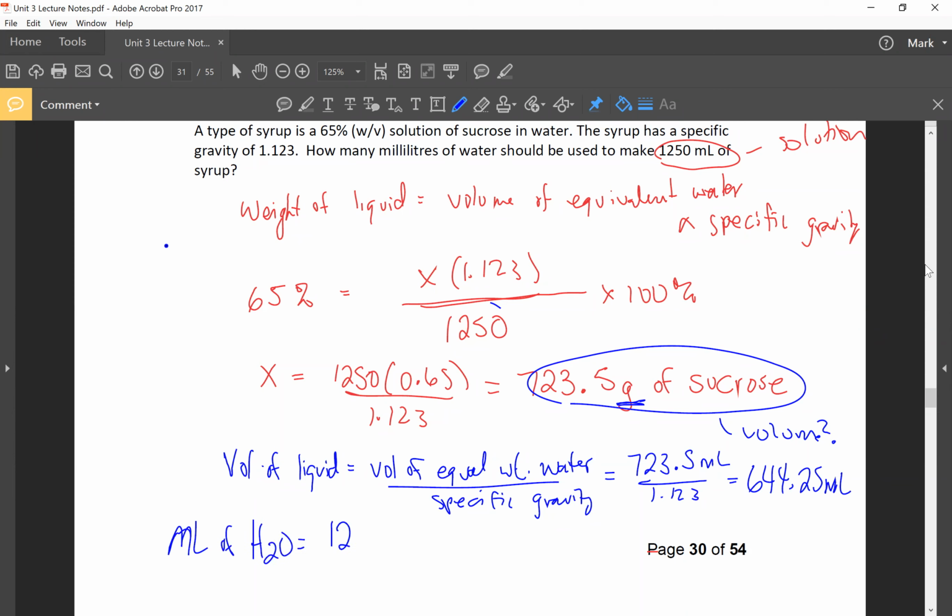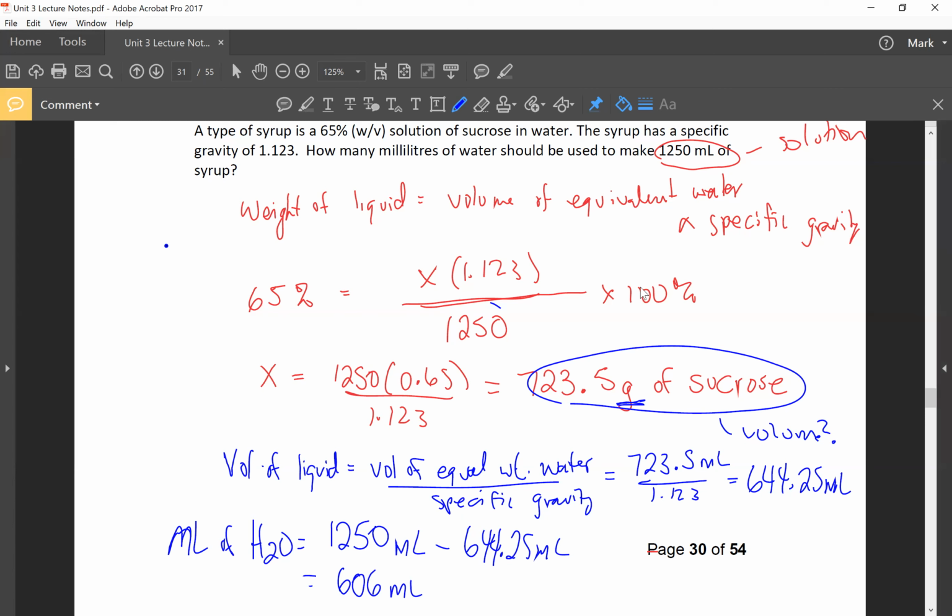Well, it's the 1250 milliliters minus 644.25 milliliters that will give us the answer. Okay, so I get 605, or well, let's say 606 milliliters. Whew, a little bit of work, or I guess a lot of work for that type of question.